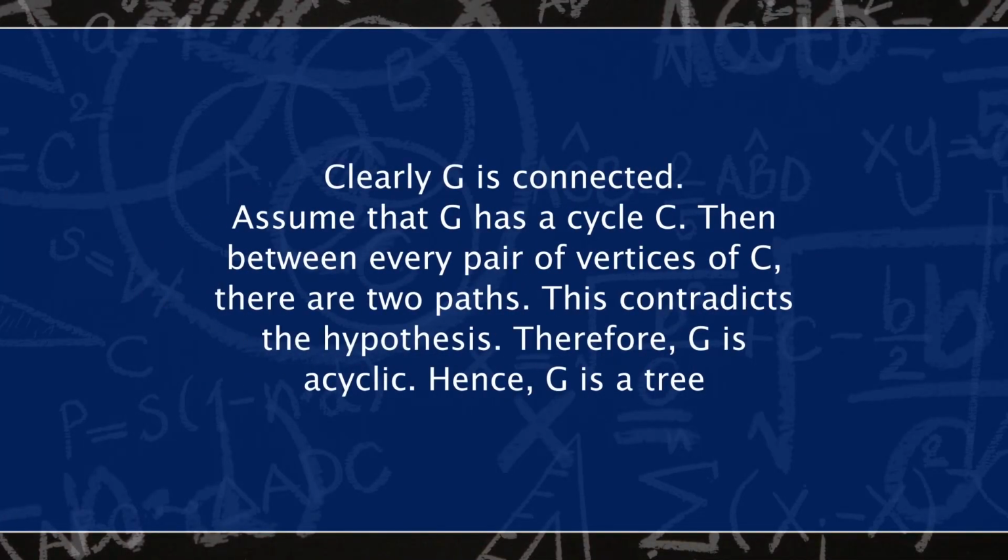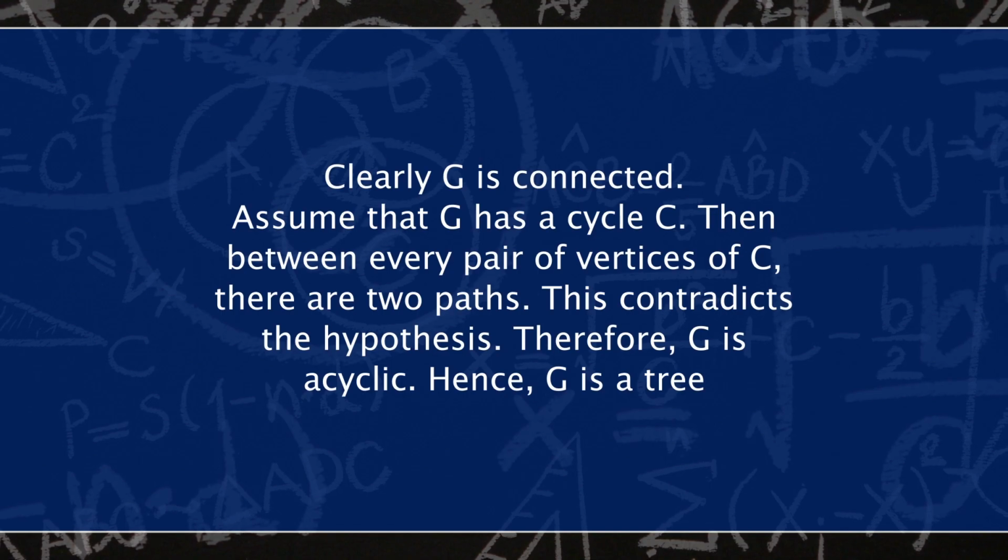So clearly G is connected, and assume that G has a cycle C. Again we are using the method of contradiction. We are assuming that G has a cycle, and we shall arrive at a contradiction. So if G has a cycle C, it means between every pair of vertices of C there are two paths, right?